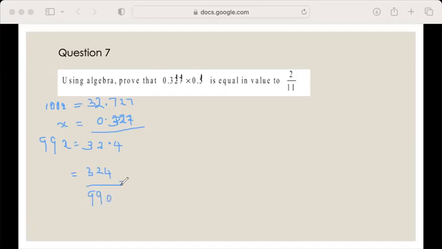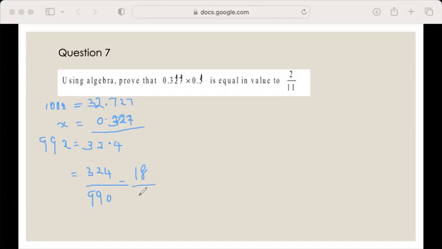Right. So now when we simplify this, 324, if you want, you can actually try to simplify step by step to arrive at the simplest fraction. But actually, both 324 and 990 can be divided by 18. 324 divided by 18 is 18.